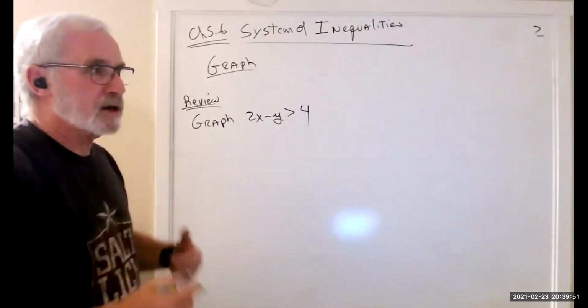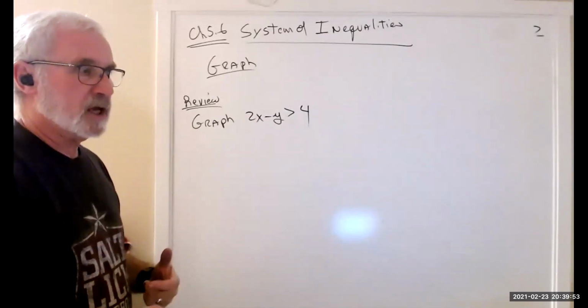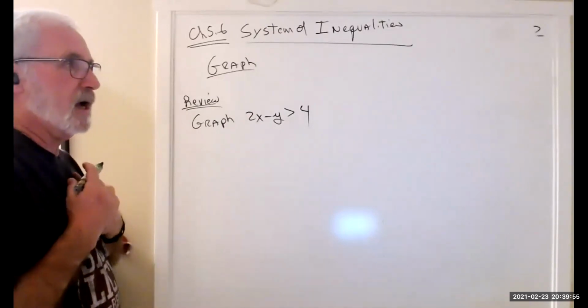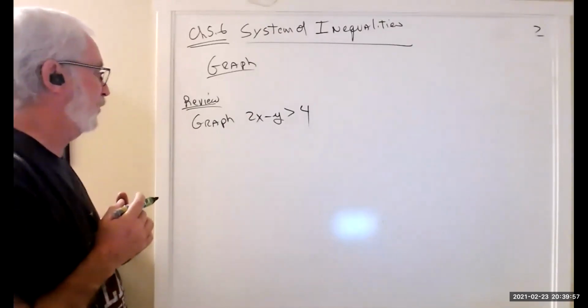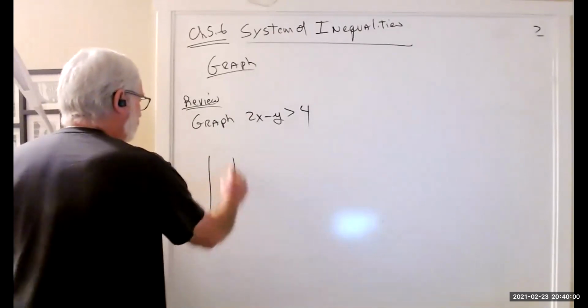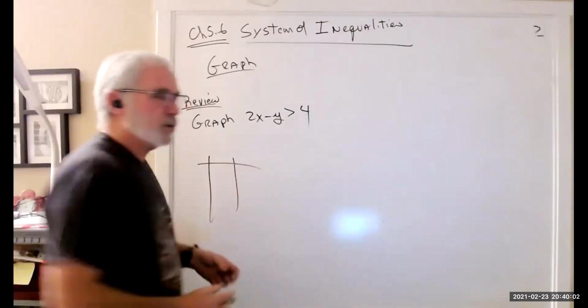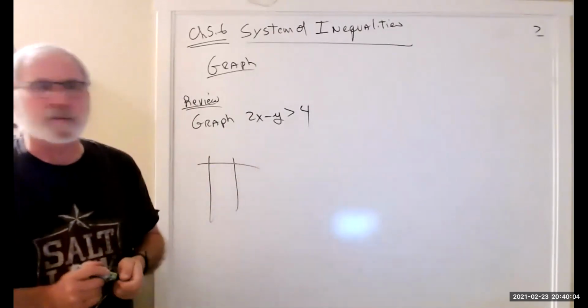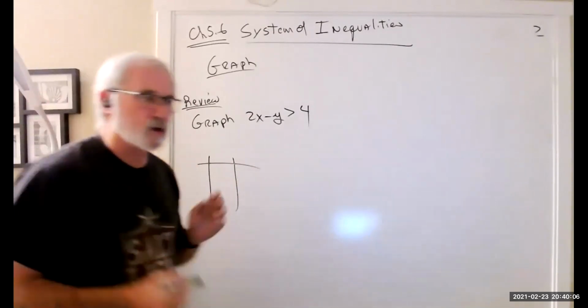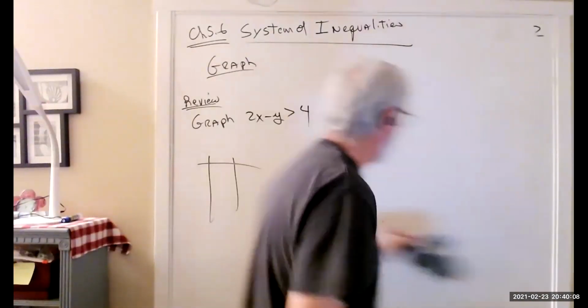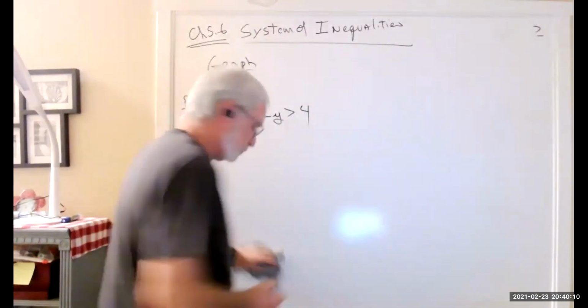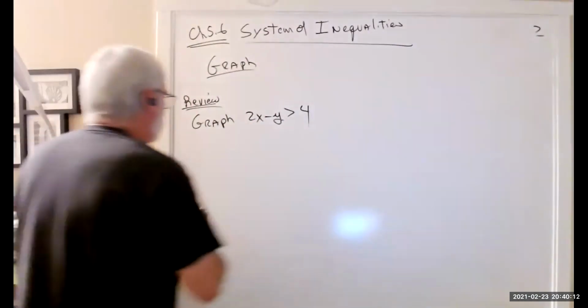What's the best way to graph this? Okay, and I don't care how you graph it. Some of you built tables. Some of you put it as a slope intercept. It doesn't matter to me as long as you get it graphed. So I'm going to graph it very quickly.